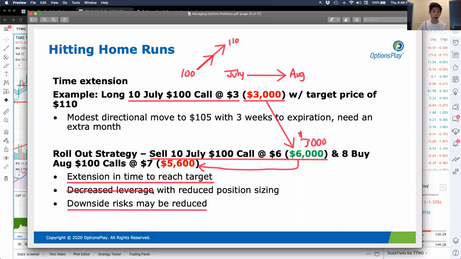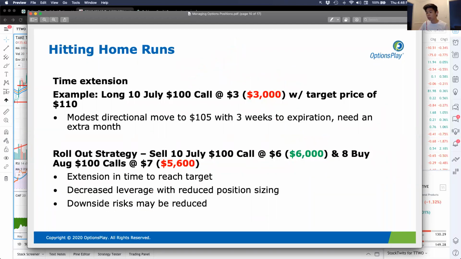You obviously have a higher break-even price at that point if you do so, but this is really where you can play around. You can test out all these different scenarios, and OptionsPlay is really designed to help you explore these different types of scenarios so that you can take these examples as inspiration for trying different things, because there are lots of things that you can try.